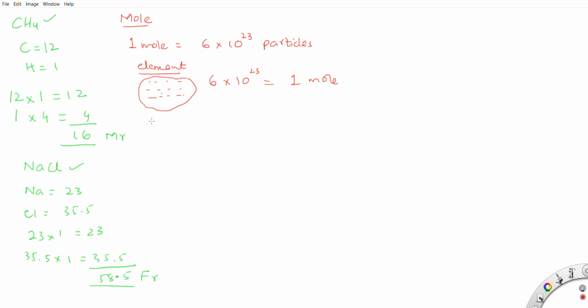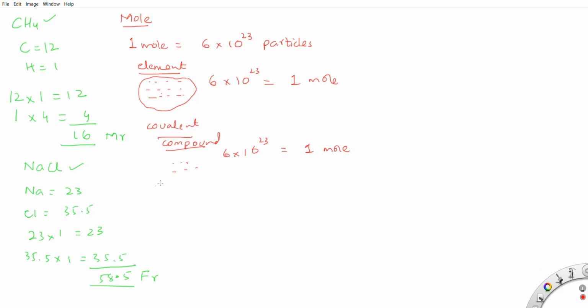Or if you are considering a covalent compound and you count molecules in that and you end up with the same value, then you can say this is 1 mole of that covalent compound, or that it has 6 exponent 23 molecules. The same goes for an ionic compound. If you have 6 exponent 23 formula units, you can say it is 1 mole.